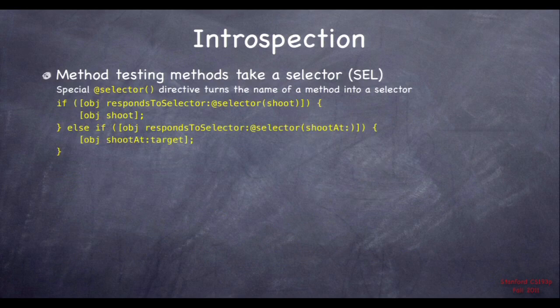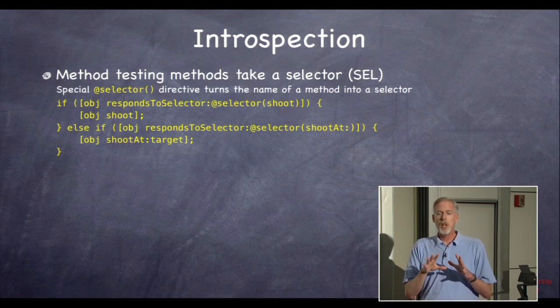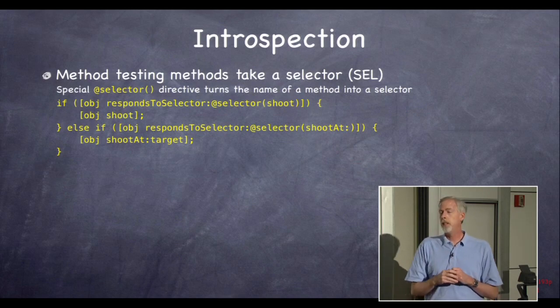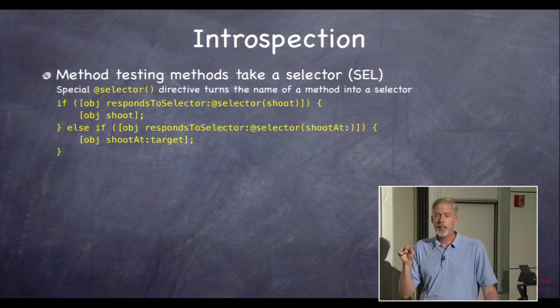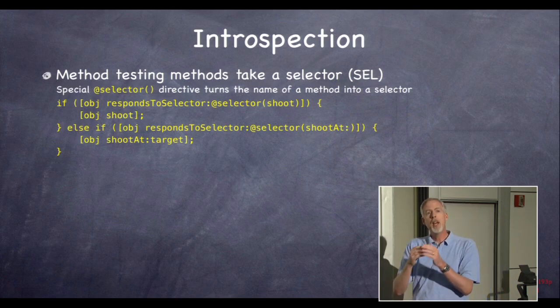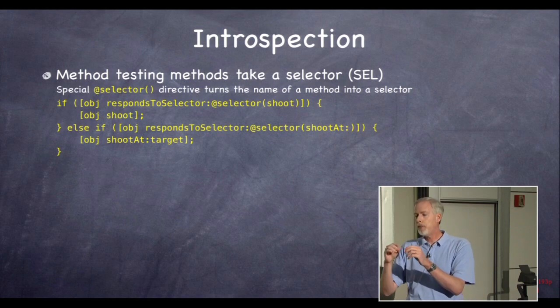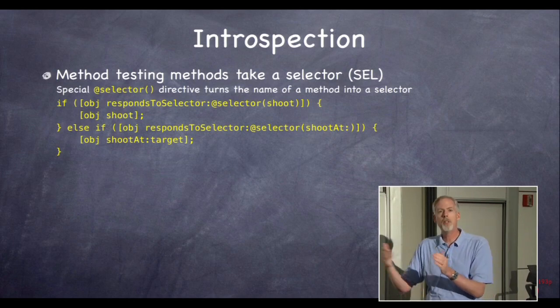The selector thing is a little bit different. A selector is the word we use to describe a method in Objective-C. And so we use this magic @selector syntax. The way @selector works is you just say @selector, parentheses, the name of the method. When you put the name of the method, obviously you don't put any of the types of the arguments or the argument names in there. You just put all the keywords and the colons.